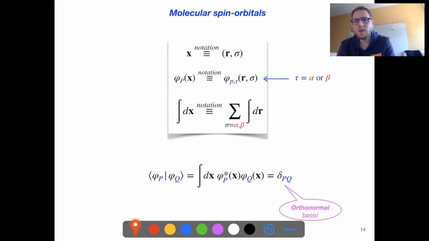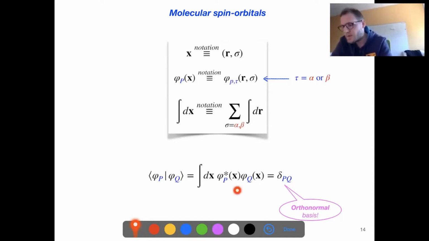And every time you see on my slides a notation like integration over x, this just means that you integrate over space, but you also do a summation over spin, okay? But I will not use this heavier notation anymore. Basically, x bold here is my variable. Everything is included inside, okay? So for example, if you evaluate the inner product between two molecular spin orbitals, you see now I'm having these labels P and Q uppercase, which means that I'm really talking about spin orbitals.